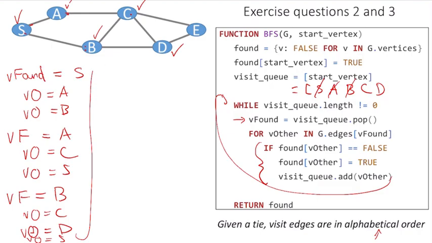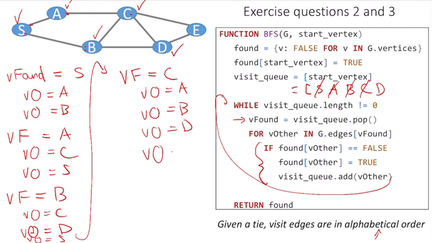Now if I come to the next column here, the next vFound is going to be C. So I'll pop it off the queue. And C is connected to A, nothing to do. B, nothing to do. D, nothing to do.